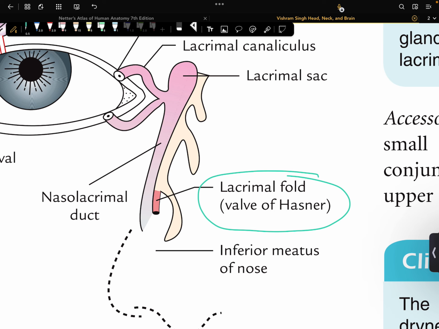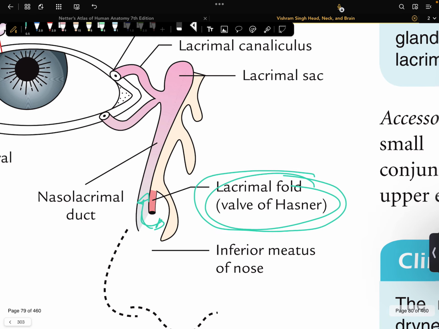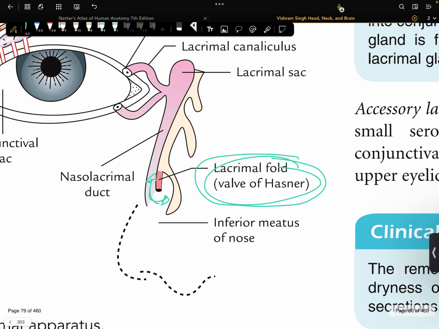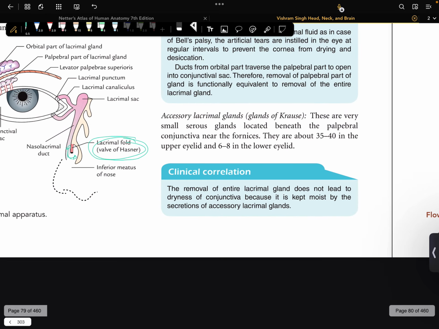This duct opens into the nose, into the inferior meatus. What will happen during our nose cleaning is that the valve prevents air from moving to the eye. Okay, this is the valve of Hasner. This is the main thing that you have to understand.